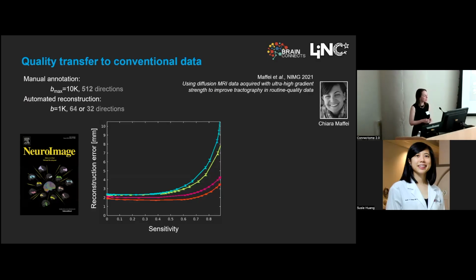And so in Chiara's work, she showed that indeed it was possible to reach with this automated approach up to 90% sensitivity, which means that we can get up to 90% of the ground truth manually annotated tract that we get from the high quality Connectome data, but now getting it automatically from much lower quality data.